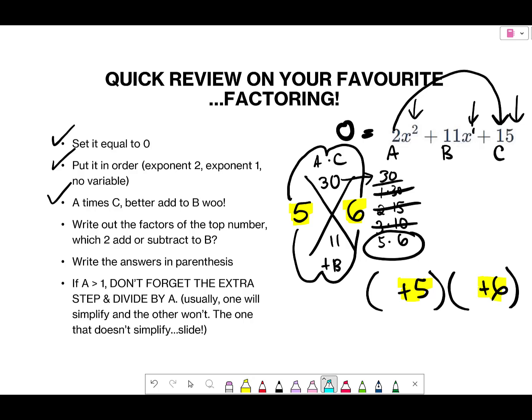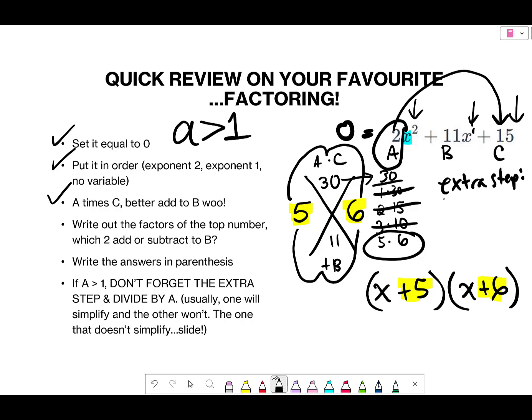Now, if you look at the problem, we're using the variable x, so I want to make sure that's what I put in my answer. This type of problem that we're reviewing is when a is greater than 1, which means we have an extra step. The extra step is that we need to divide by a in the end. So I'm going to put that: extra step, divide by a.